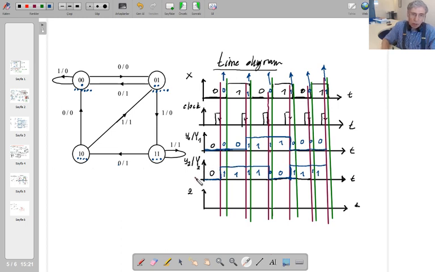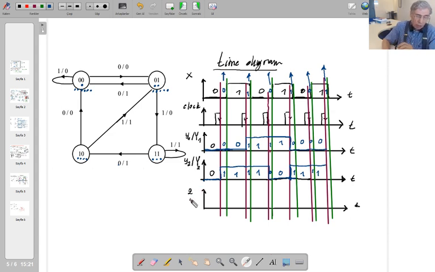So the next thing that we're going to do is draw the Z output. The difference between states and the Z output function is this. State variables are going to change on the negative edge of the clock pulse because these are the outputs of memory elements. Memory elements work with clock.